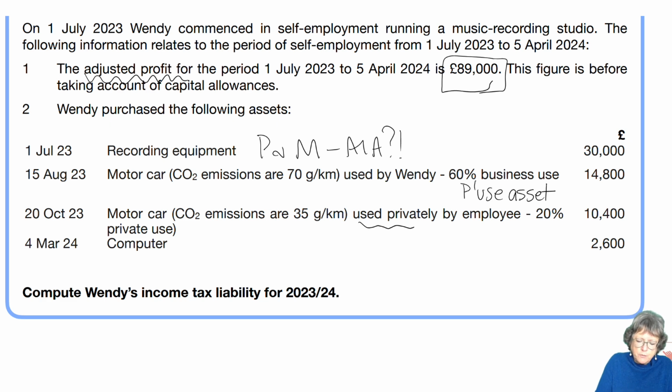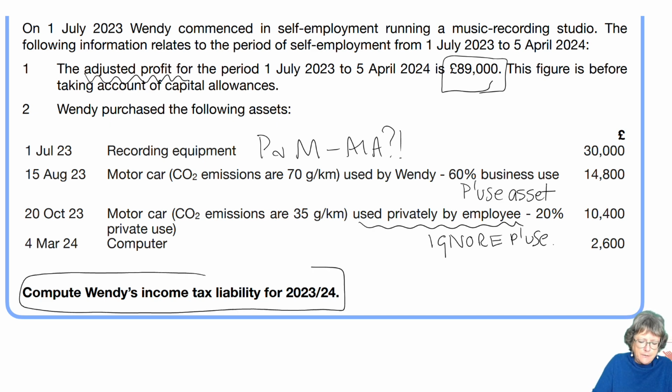Again, if it's used privately by the employee, you ignore that private use because that individual will be taxed using the benefit system. And then we've got a computer. Now, the question asks us not to work out the capital allowances, but to work out the income tax computation. So she's got employment income.